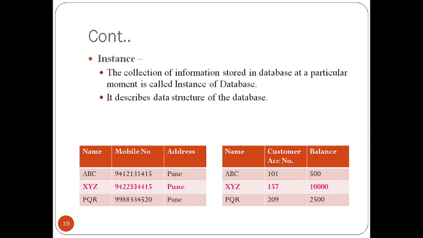It describes the data structure of the database. So this is XYZ Pune. This is the instance of this one single database. This is your blueprint of the database, the schema of the database, and this particular one is the instance of that database. XYZ instance, second instance.